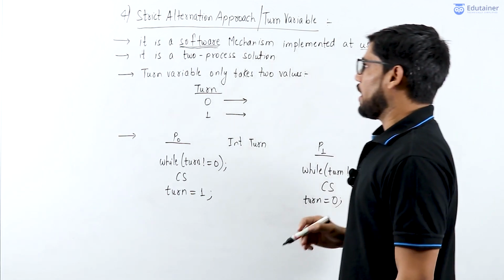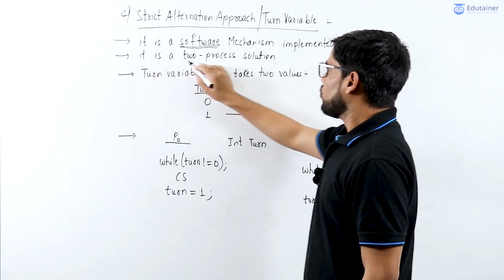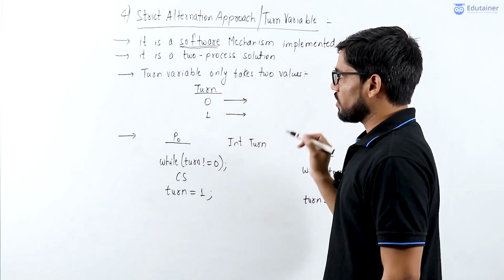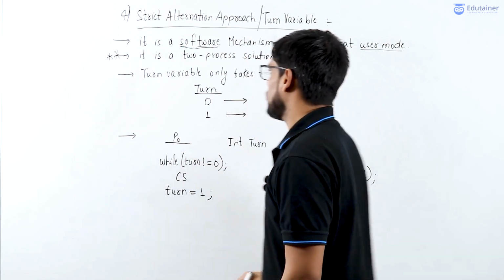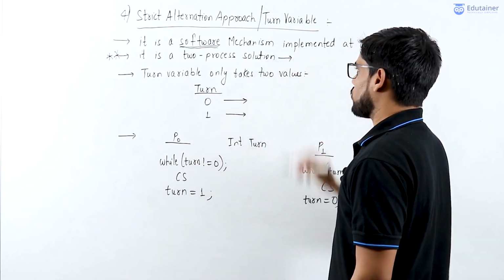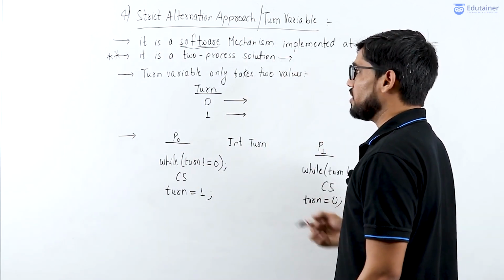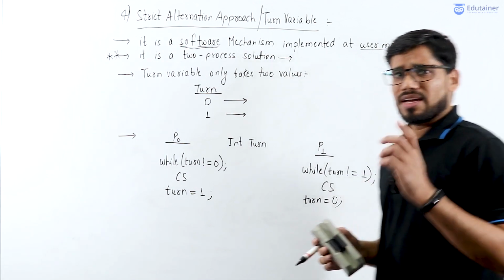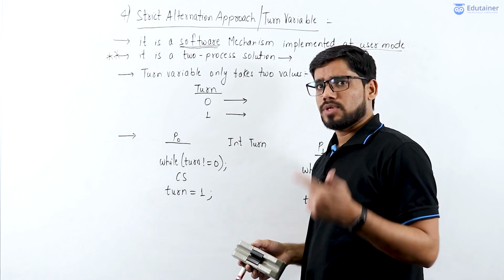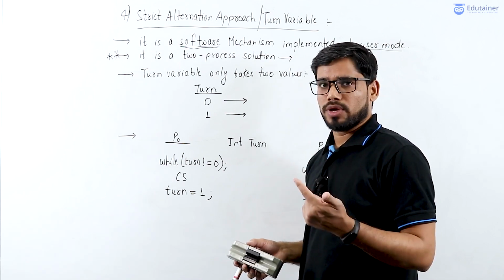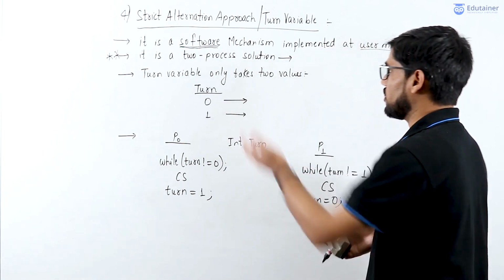Okay, and the next point is it is a two process solution. So this point is very important for turn variable. Only two process can enter the critical section. Only two process can use the shared resources by alternating approach.